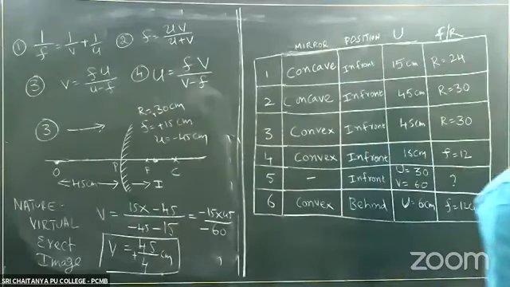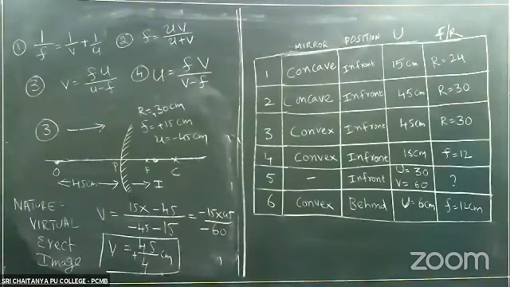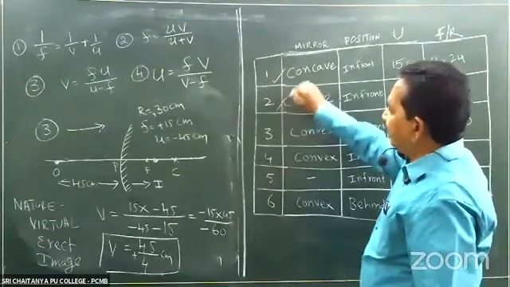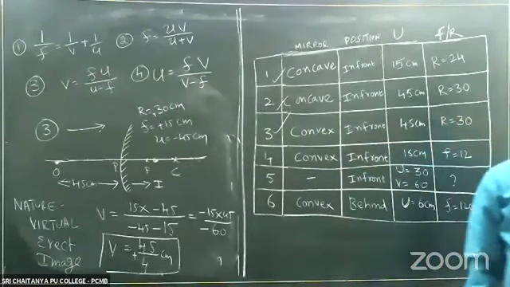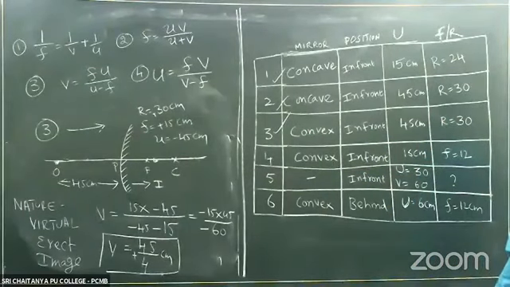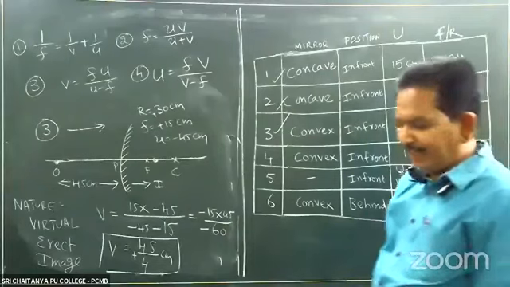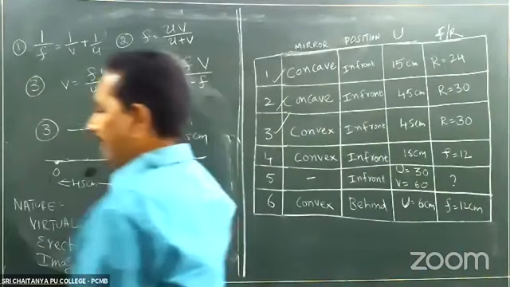Problem number 3. Problems on mirrors: first one completed, second one completed, third one completed. Sometimes we got a real image. In this problem, I got a virtual image. How to identify real or virtual?